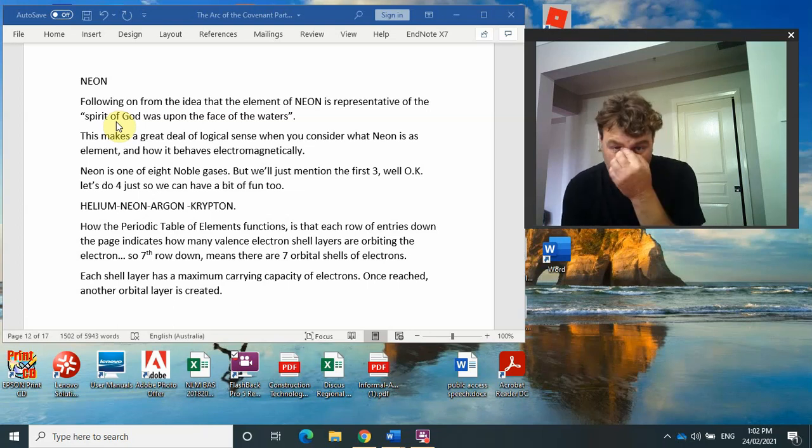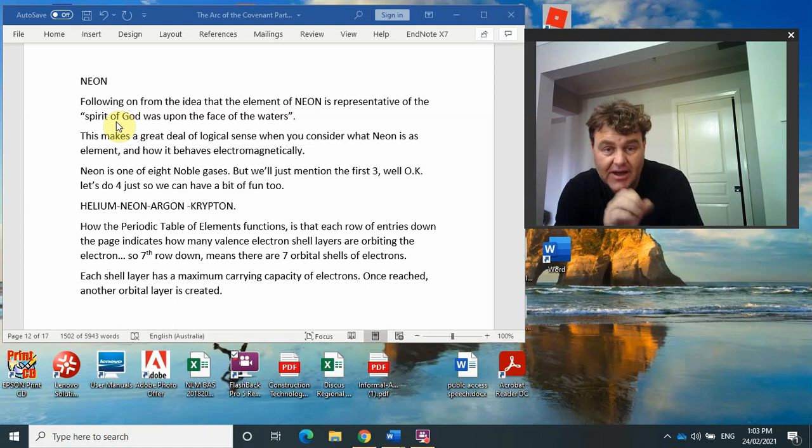With the periodic table of elements, each row of entries, across ways, indicates how many valence electron shell layers are orbiting around the nucleus. I've written that incorrectly, but there we go.